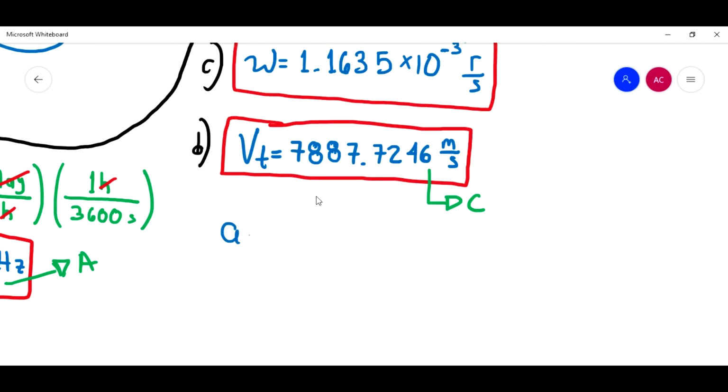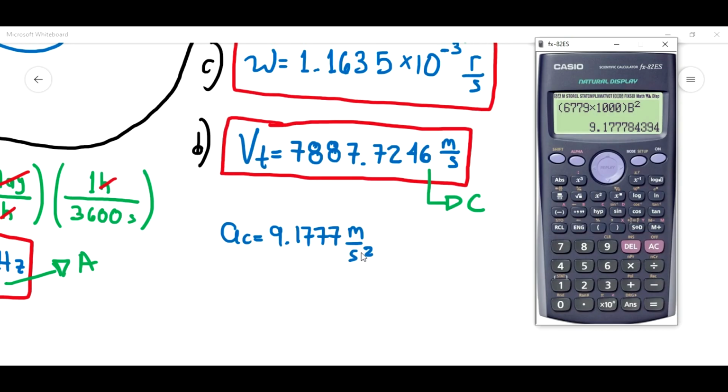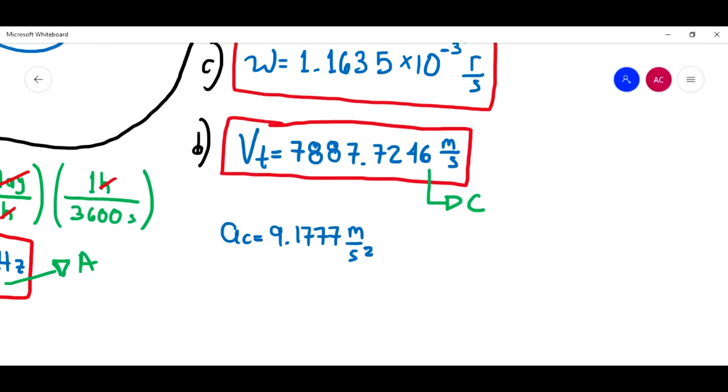Centripetal acceleration equals 9.1777 meters per second square, and I'm gonna save this value in my memory D of my calculator, because I'm pretty sure that I'm going to use that number in order to find the centripetal force.